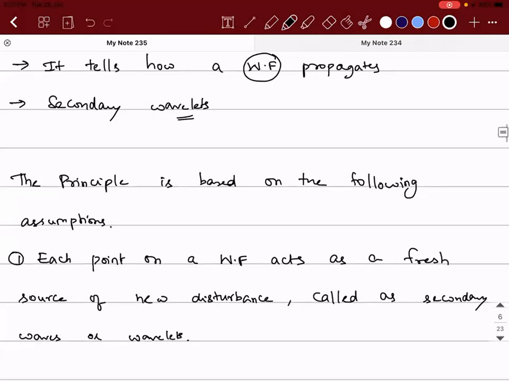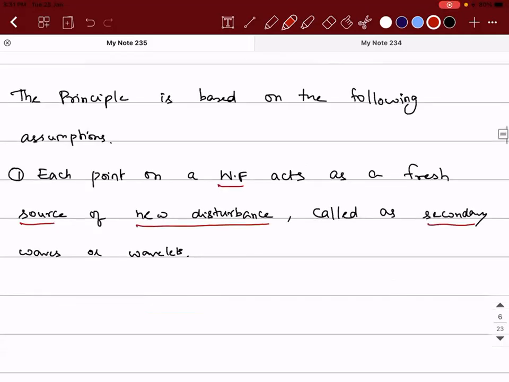So now read the statement carefully. What did Huygens principle tell us? Each point on a wavefront acts as a fresh source of new disturbance, and the new disturbance is what is called as secondary waves, or more technically secondary wavelets. So that is the first point.